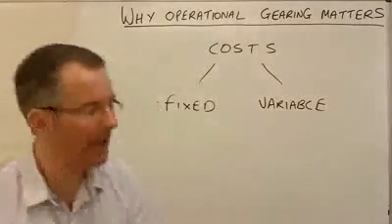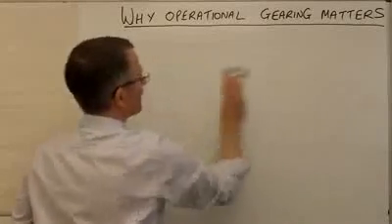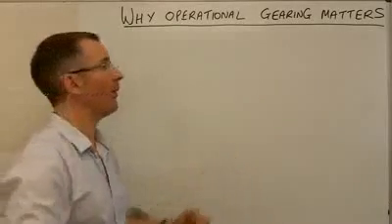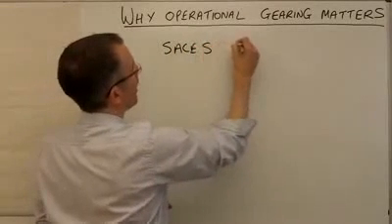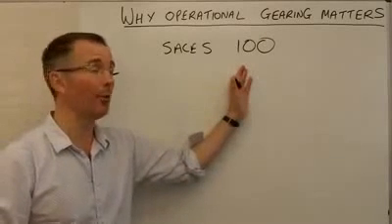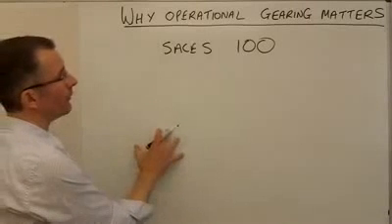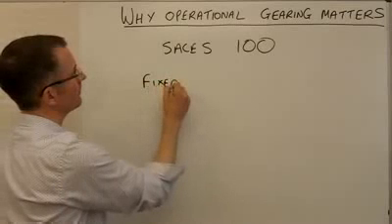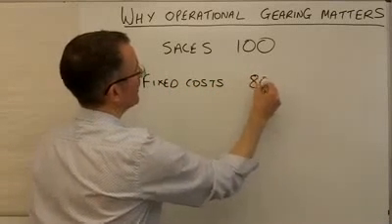So, imagine I'm looking at a very simple firm that has the following cost structure. So imagine its sales are £100, $100, very simple example, obviously not a real life example, but it sells 100 and costs to get to profit are fixed, of 80.